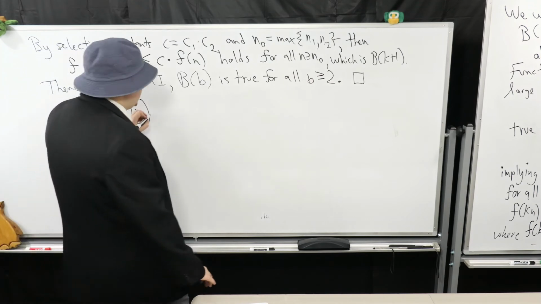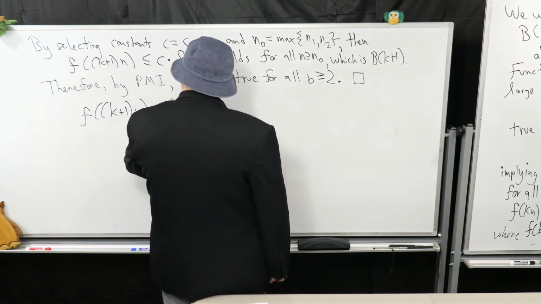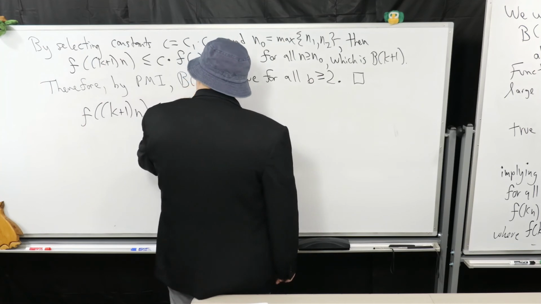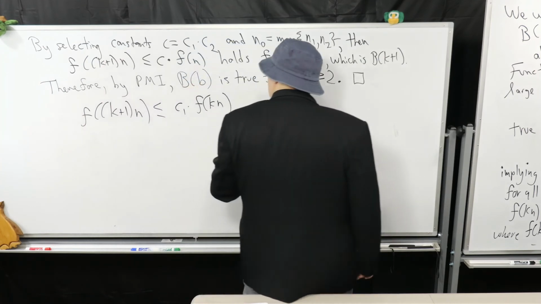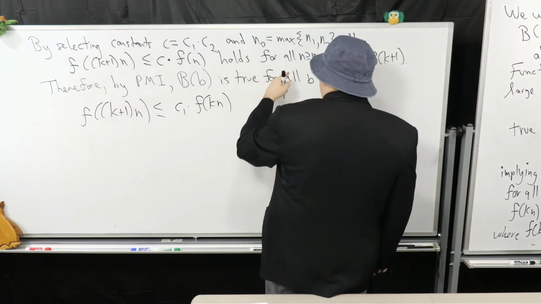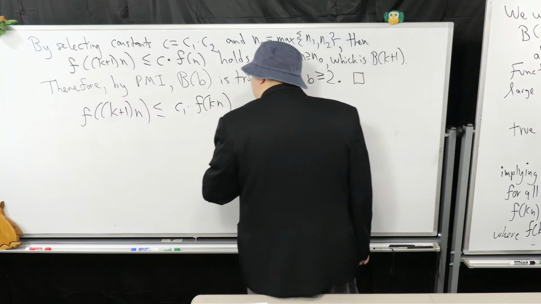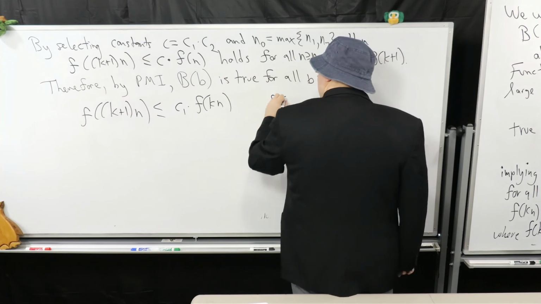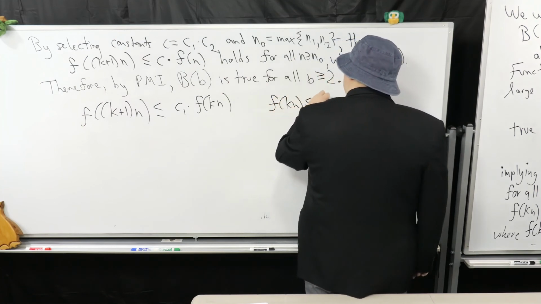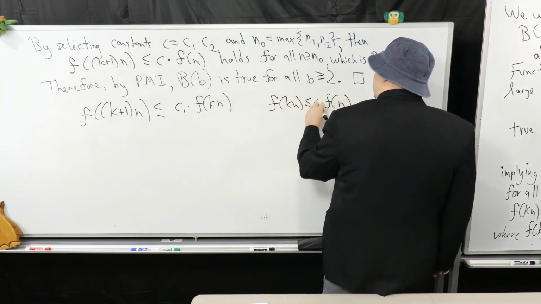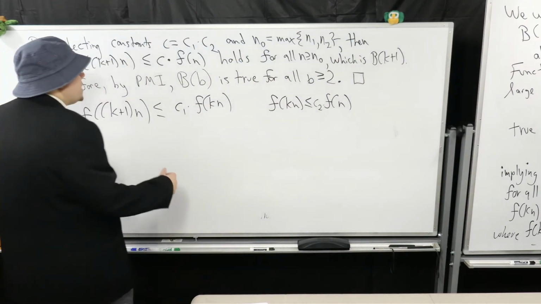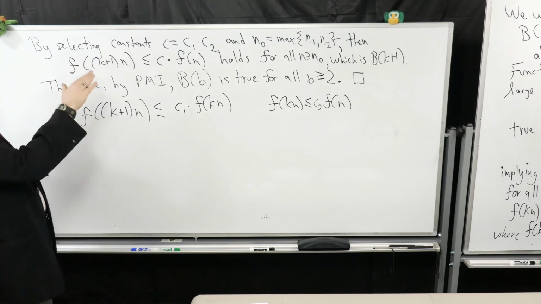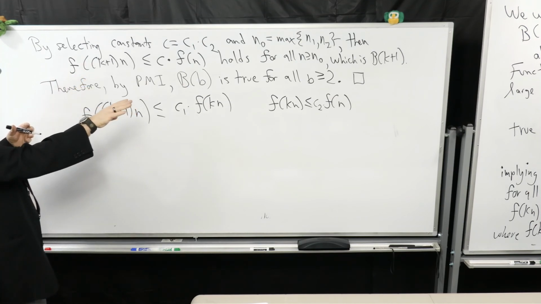So I have this, and you agree with me that this is less than or equal to c1 times f of kn, right? And we know this is true for n at least n1, right? But we also know that f of kn is less than or equal to c2 times f of n for n at least n2, right? So I'm just invoking the existence of n1 and n2 to get either one of these two separately.